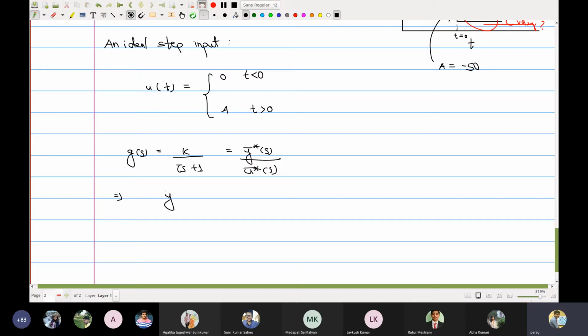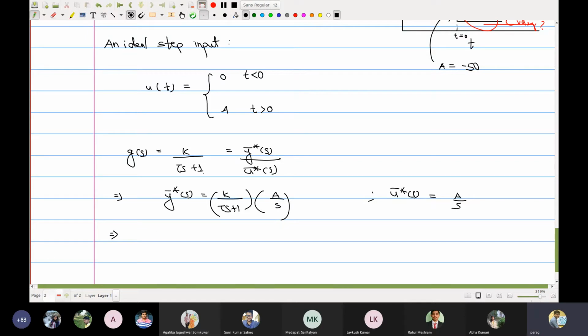So this will become y star of s, equal to k upon tau s plus 1 times u star of s. For this function, u star of s is simply A upon s. For a constant function, the Laplace transformation is simply the constant divided by s.